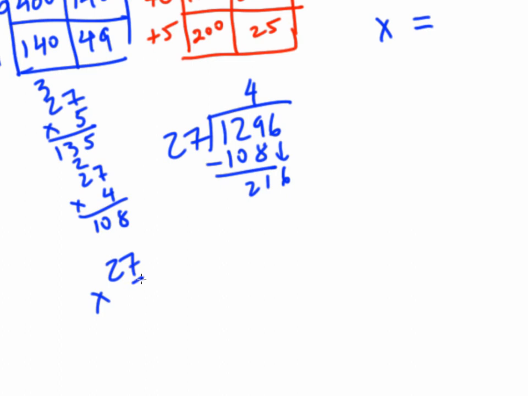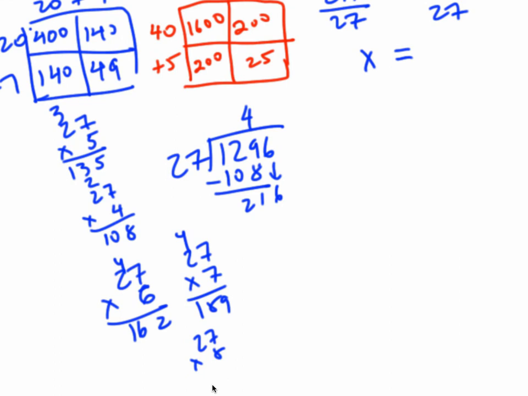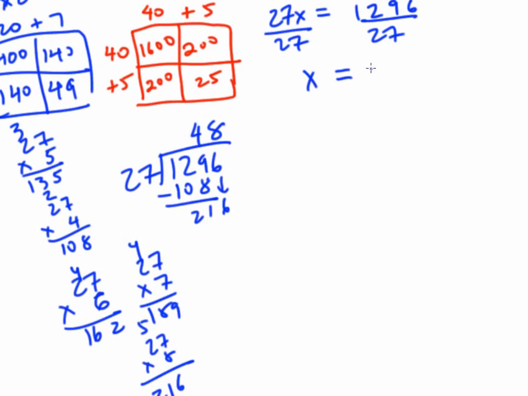Let's guess 6 times: 162. Now let's try 27 times 7, which is 189. Okay, let's see, 27 times 8 is 216. Oh, there it is, 27 times 8. So we get x equals 48.